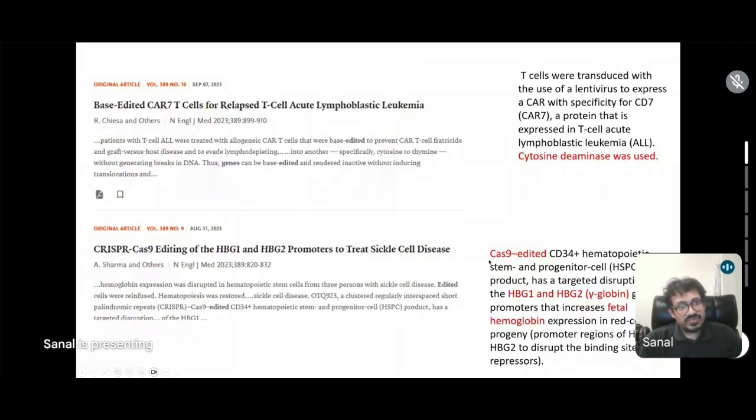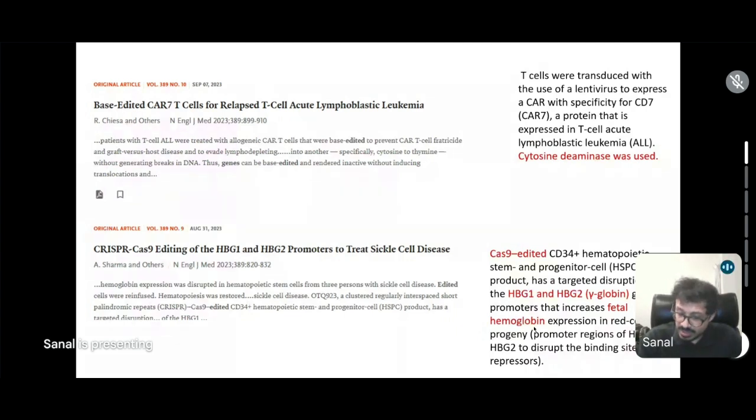Another good example of gene editing is Cas9 edited CD34 positive hematopoietic stem and progenitor cells, with targeted disruption of HBG1 and HBG2, which are globin genes. HBG1 and HBG2 are promoters of the fetal hemoglobin. Promoters are very important in gene expression.